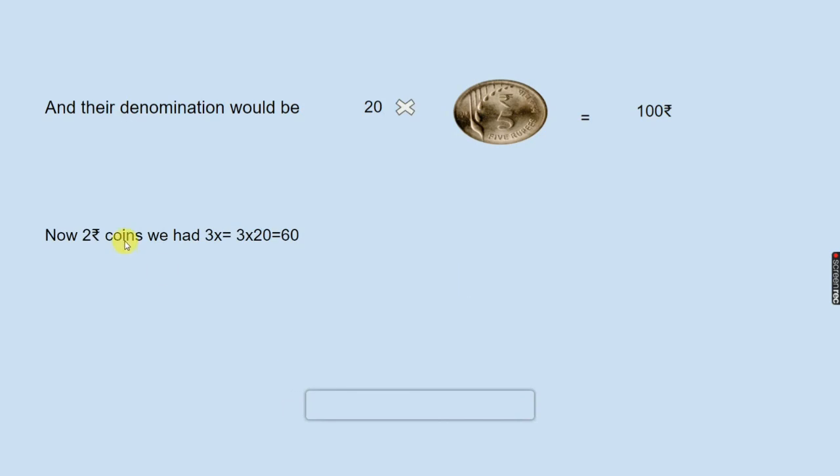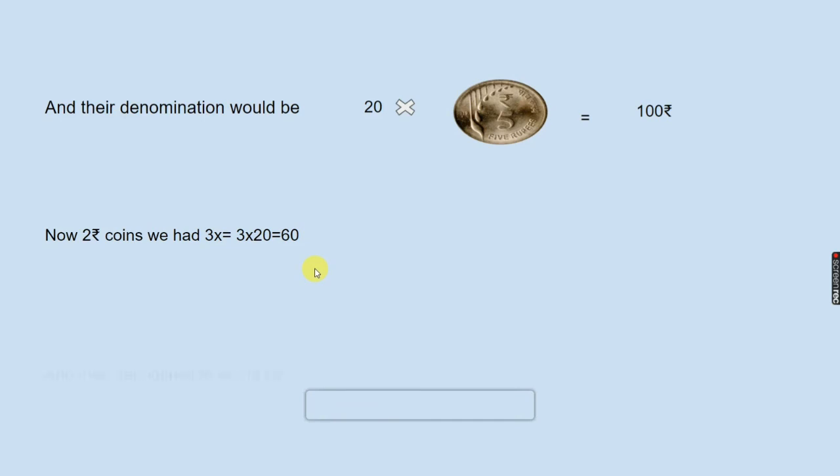Now 2 rupees coins, we had 3x. We had assumed that it is equal to 3x because it was given in our question that it is 3 times the number of 5 rupees coins. So 3 times the number of 5 rupees coins, 3 multiplied by 20 is equal to 60.